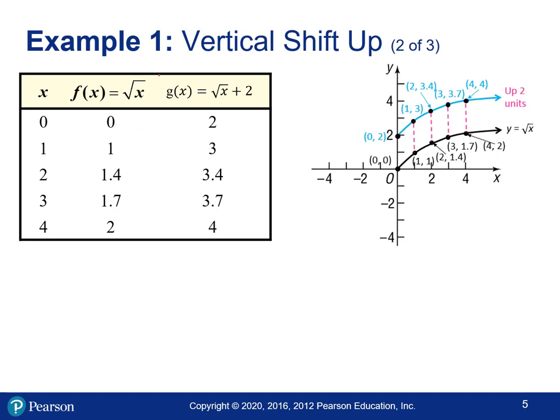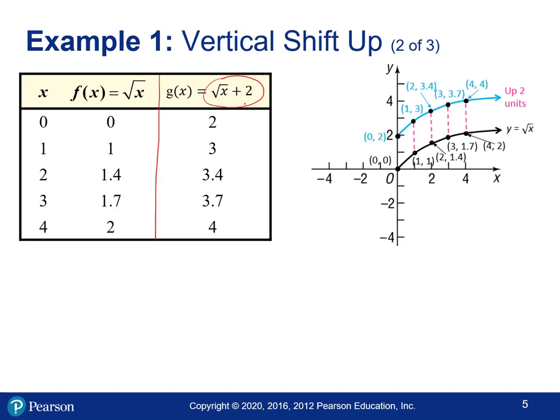Now real quickly, before I get into the more examples of this, what I want to point out to you is when in doubt, you can always just plot points. So let's say you don't remember that this is that shooting star shape, and you don't recognize that this is going to shift up 2 units. And you don't have to recognize it yet because I'm barely teaching this to you right now, but eventually you'll recognize that this goes up 2 units.